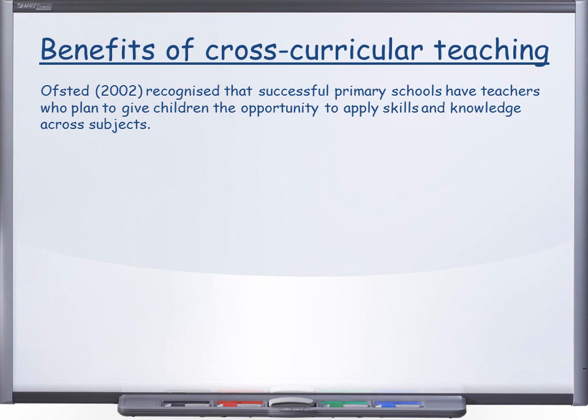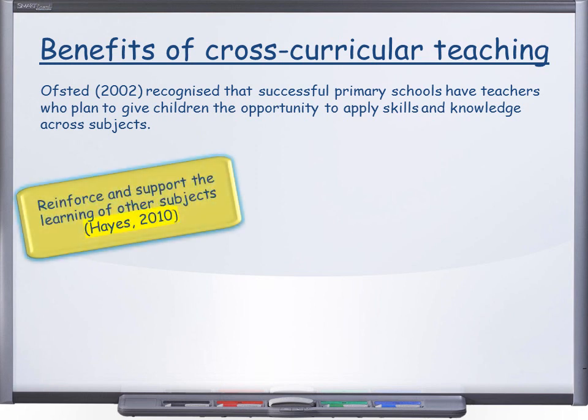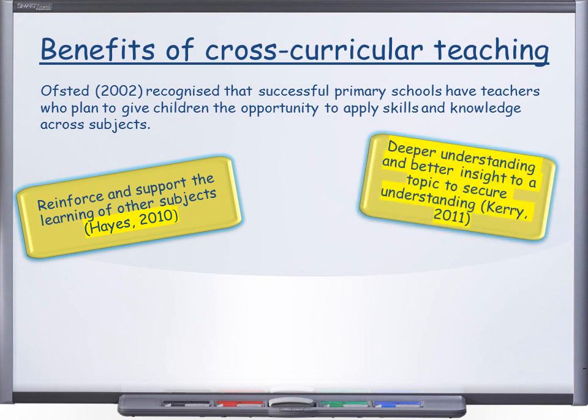Ofsted 2002 recognised that successful primary schools gave children the opportunity to apply skills and knowledge across subjects. Hayes 2010 supports this and says that most effective learning occurs when connections are made and skills gained in one subject reinforce and support the learning of others. Kerry 2011 also favours the approach, stating knowledge is interrelated and individual subjects taught discretely can only give children partial insight to topics.